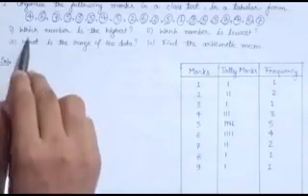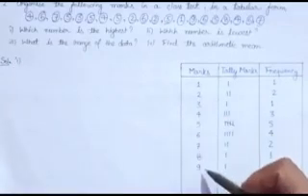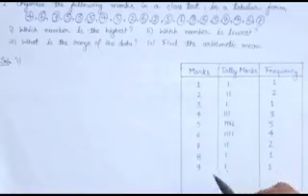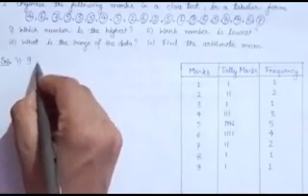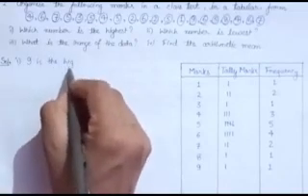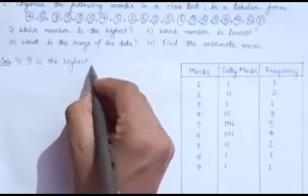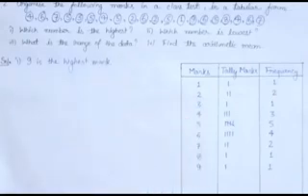Now first we have to find which number is the highest. So when you observe these marks, then you can see 9 is the highest mark. So 9 is the highest mark.